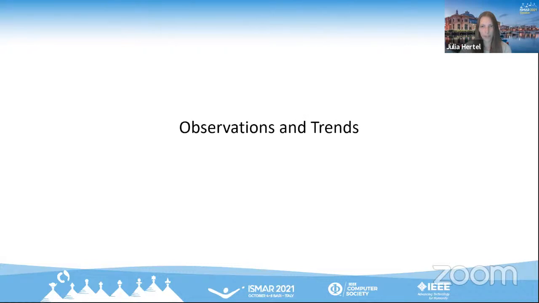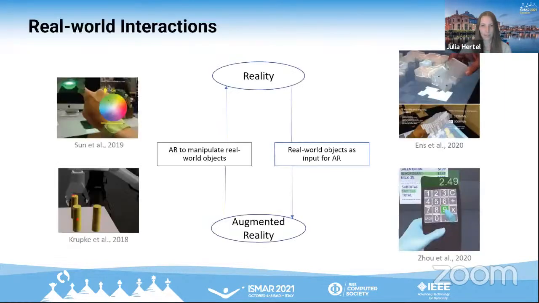By developing the taxonomy, we also analyzed emerging trends about interaction techniques in AR. Today, I would like to present our most interesting observations. In contrast to virtual reality, the user's environment can be included in augmented reality settings. We identified two directions of how AR and the real world can interact with each other.